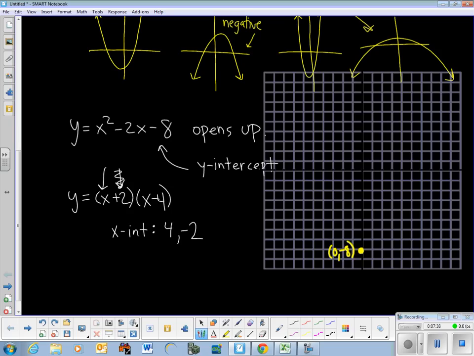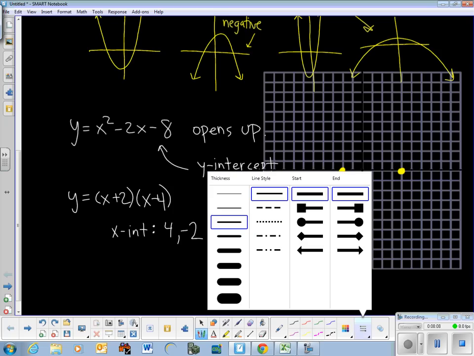So that's kind of why that's the case, but right now, most importantly, what we need to know, in factored form, take the opposites of those two numbers that are being added to x, and those are your x-intercepts. So I know that this parabola is going to go through -2 on my x-axis and +4. All right, so now it's starting to take shape a little bit better.